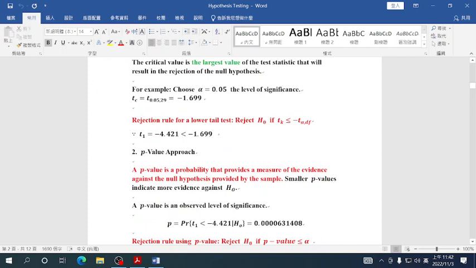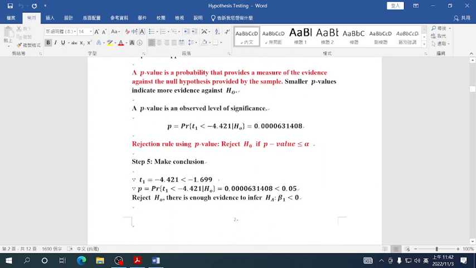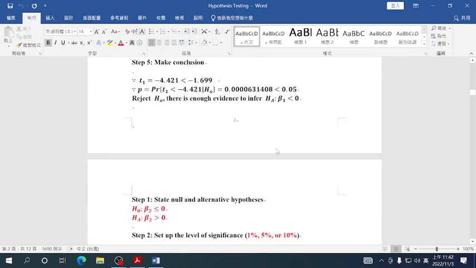Then I'll skip the p-value, which I'll come back to later on, and go to making conclusions. So I sort of increased this to 5 steps. Since T1 is negative 4.421, which is less than negative 1.699, we reject the null hypothesis. There is enough evidence to infer the alternative hypothesis.